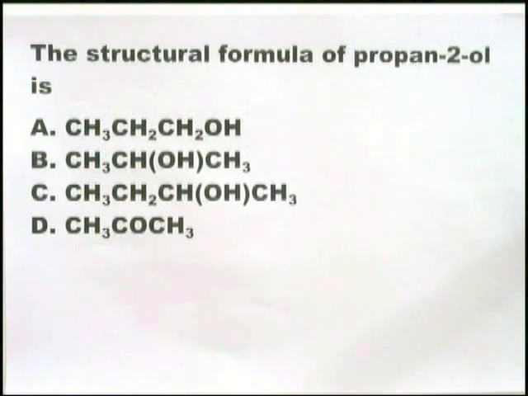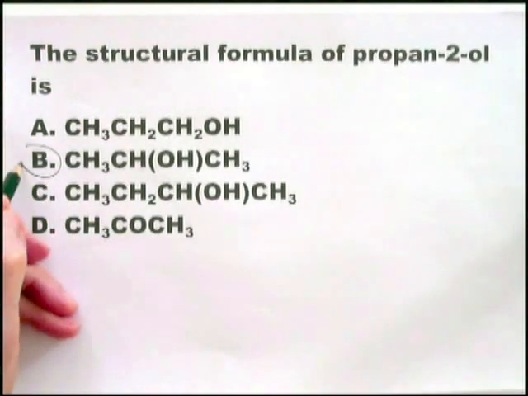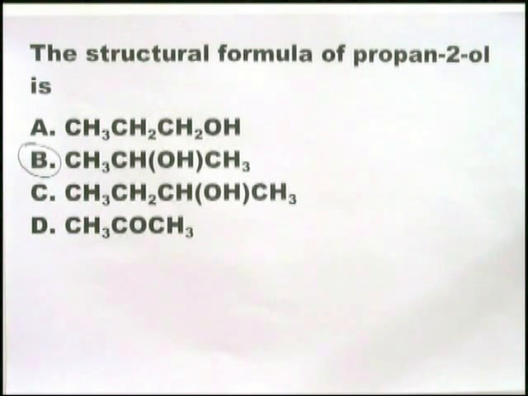Okay, so you're asked for the structural formula of propan-2-ol. As soon as you see propan-2-ol, you must remember 3 carbon atoms. And the second thing you remember, if it's 2-ol, the OH is on the second or the middle carbon. As soon as those two phrases come into your mind, that it's 3 carbon atoms and the OH is on the middle carbon, you go immediately to this one. You just see it without thinking about it.